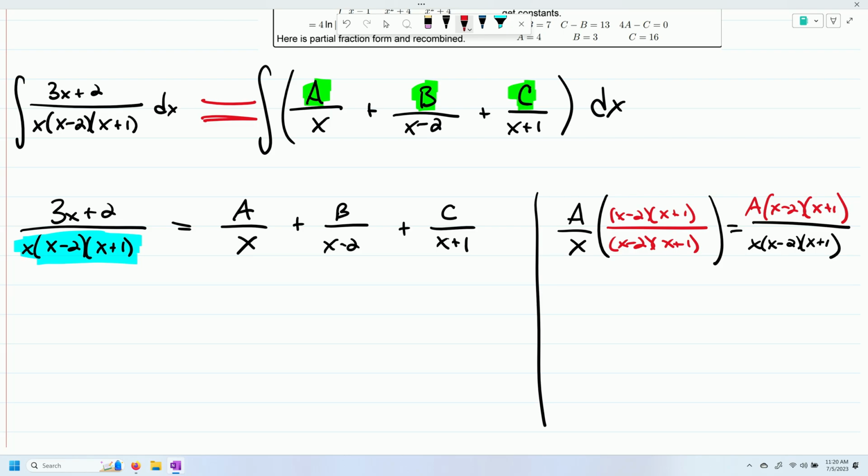So what I'm going to do here is this. I already know these denominators on the left-hand side that's highlighted in blue, and now on the right-hand side that is also highlighted in blue, are already the same. The question becomes, what are the numerators? So, I'm going to write, and I hope you follow along with this, and if you need to, go back and look at the video, okay?